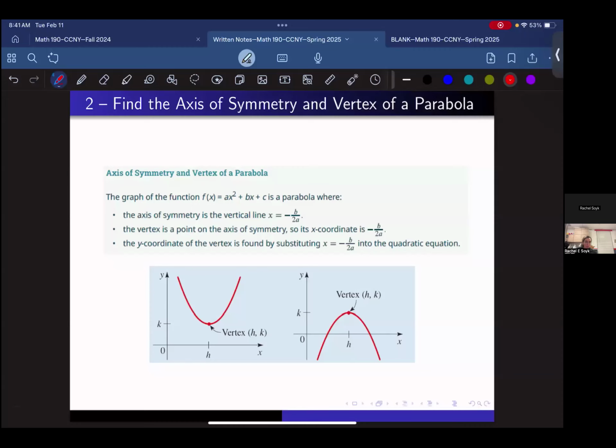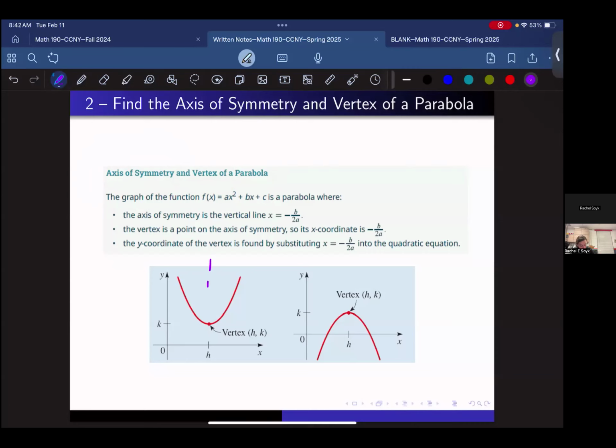Another slide of notes. This is just formally defining our axis of symmetry and determining how to find the vertex of our parabola, aka our quadratic function. Our axis of symmetry is in the wording, right? It's this invisible axis that cuts our parabola in half, forming that line of symmetry.